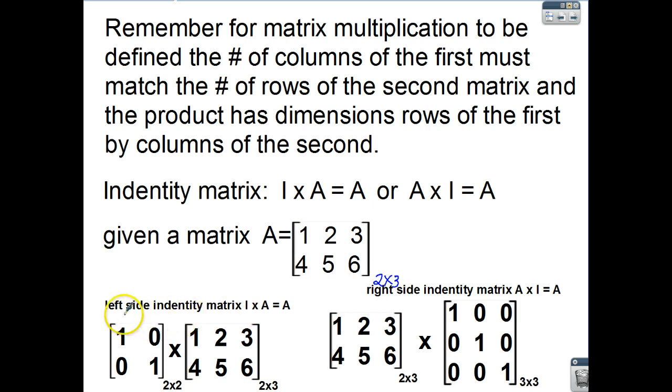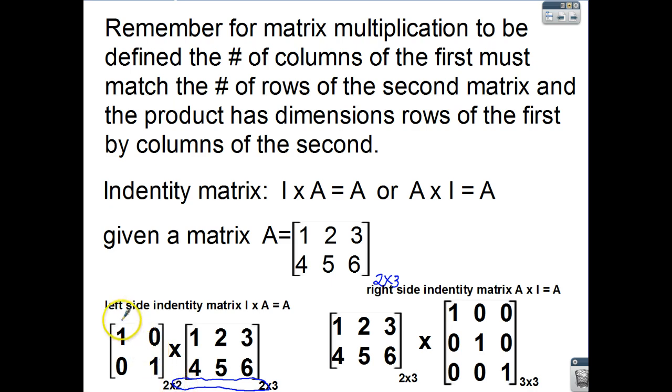Okay, so down here I've illustrated what the left side identity matrix would be for this matrix A. Now, if you think about it, in matrix multiplication, these numbers here have got to be the same. So if I'm going to put the identity on the left side of it, then whatever the rows is going to have to be what the columns are here, and of course we know identity matrices are square, so if that's a 2, then this has got to be a 2.